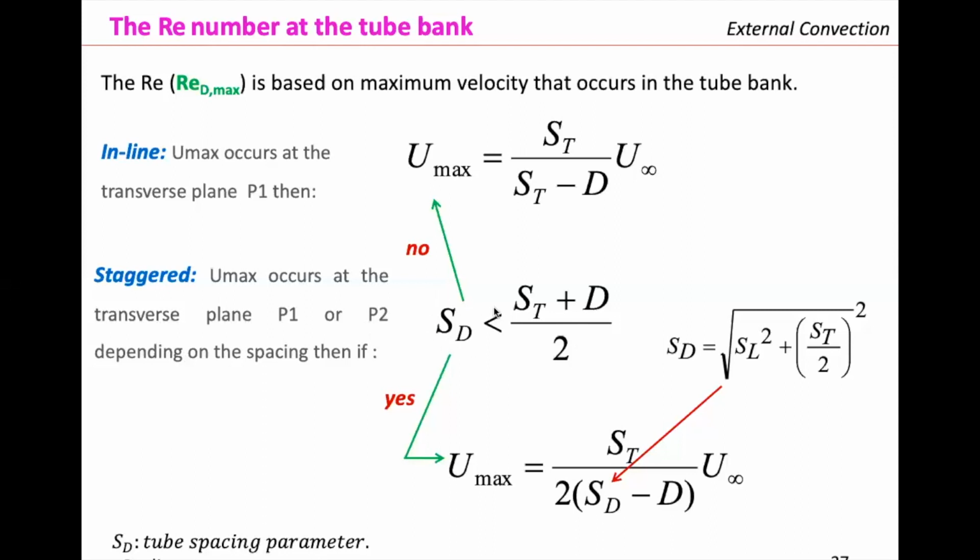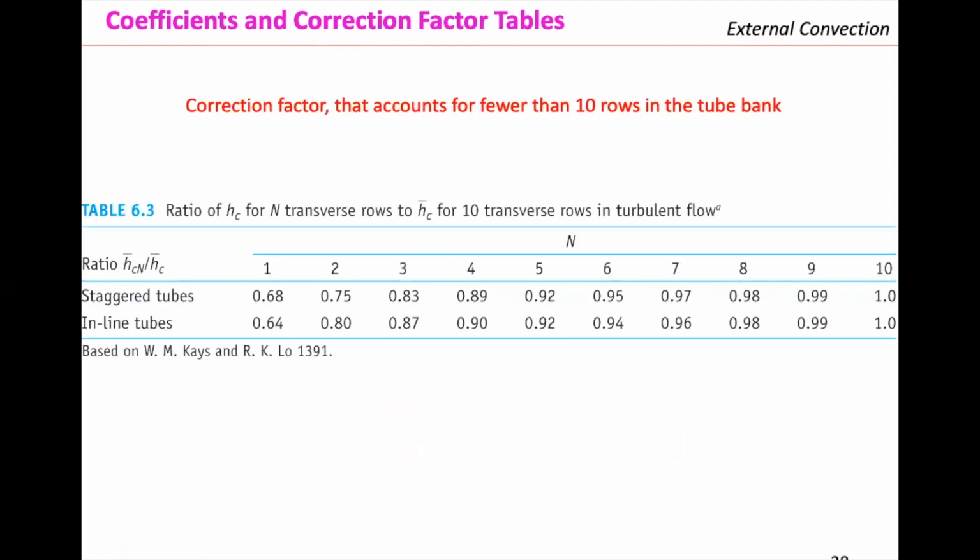If SD is less than the average of ST plus diameter, then you calculate U max with this equation, where SD is defined here in terms of the transversal and longitudinal pitches. If SD is not less than this average, then you calculate U max as in an inline arrangement.